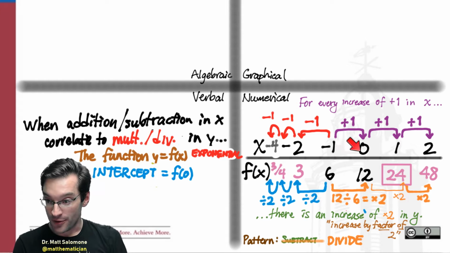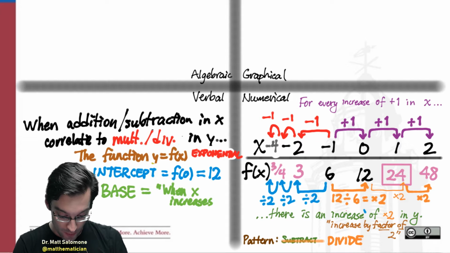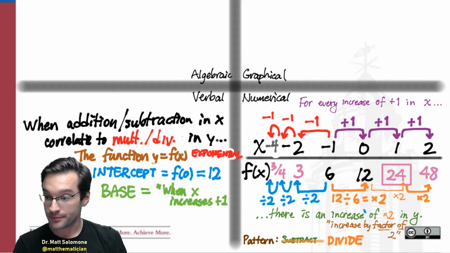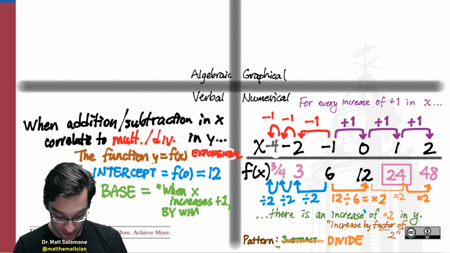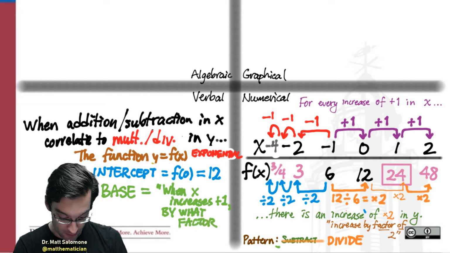And the base of an exponential expression is an answer to the question, when x increases by 1, when x increases by adding 1 to it, by what factor does y increase or decrease? By what factor does y change?